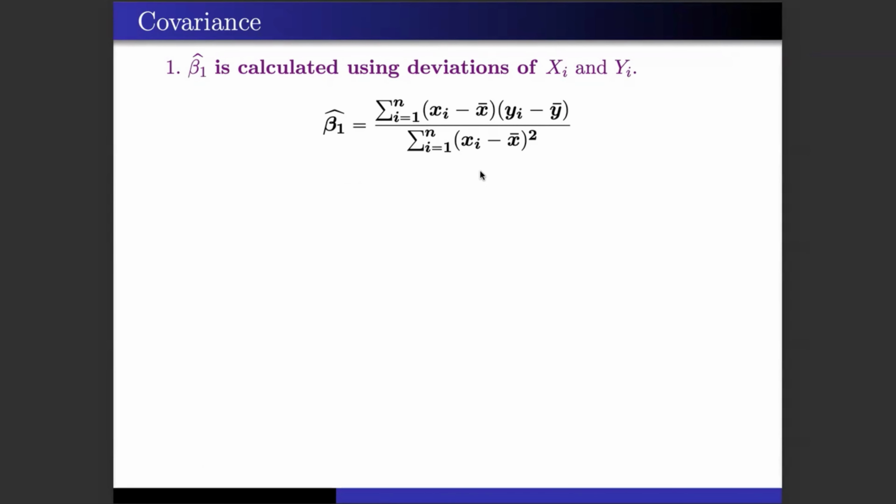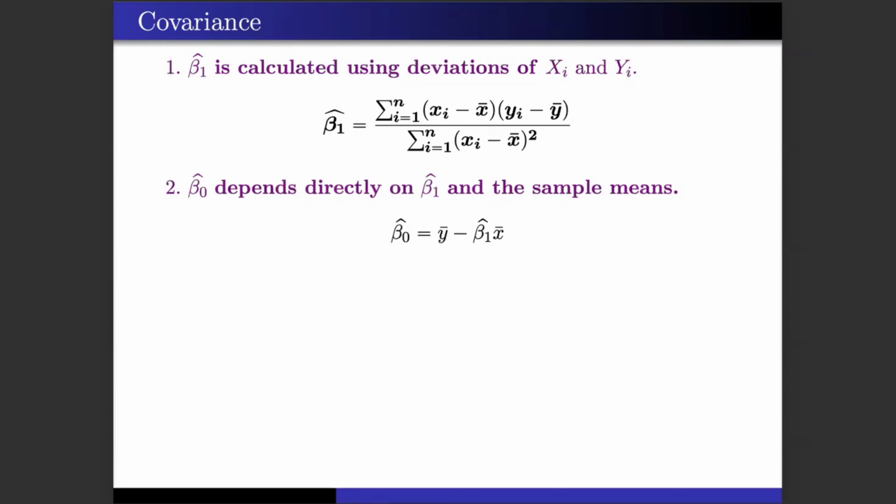And this beta 1 hat is computed by using the information given in the data set. Once we have an estimator for beta 1 hat, we can compute an estimator of beta naught hat by using, again, the ordinary least squares estimation method. And using that, we have that beta naught hat equals y bar minus beta 1 hat x bar.